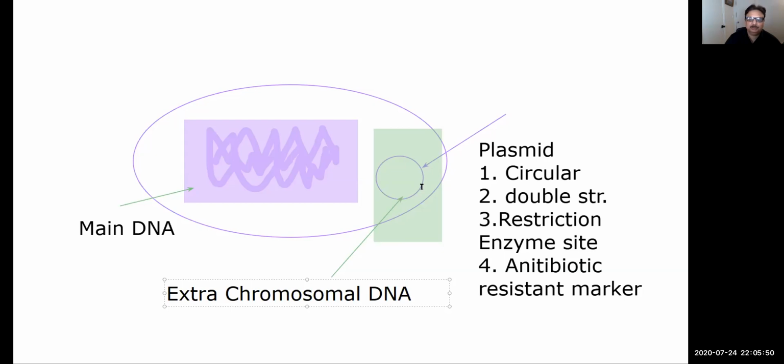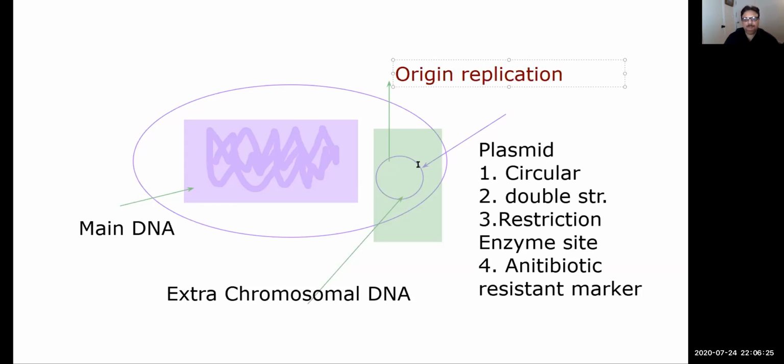It is not important. Now, one thing which is very important is that when the bacteria divides, when the bacteria multiplies, both the main DNA as well as the plasmid DNA replicate, but they do it independently. Another important feature is that plasmid DNA has its own origin of replication.